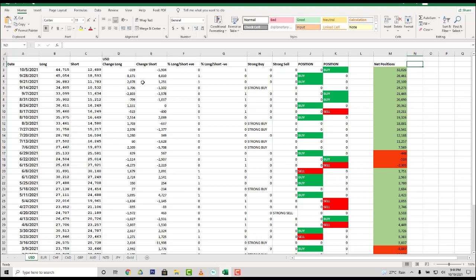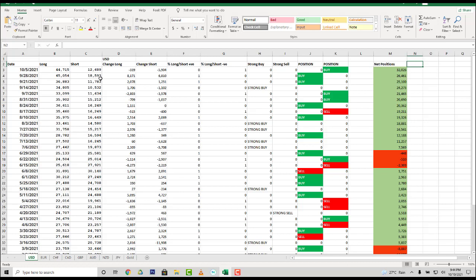If we were to break it down, you will see last week we had a long position of about 45,000, and this week the long position is 44,715 thereabouts.